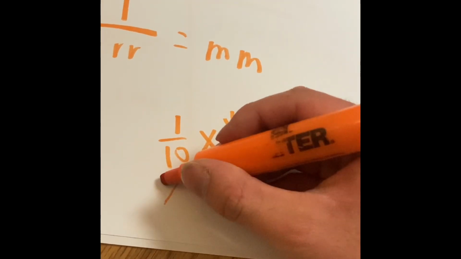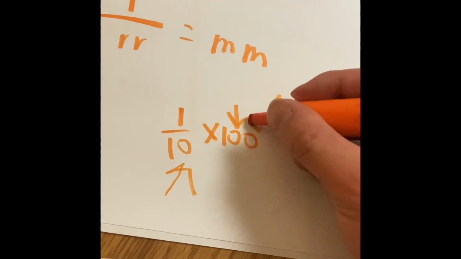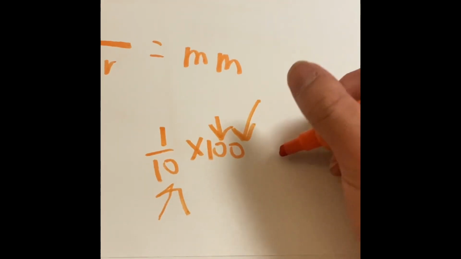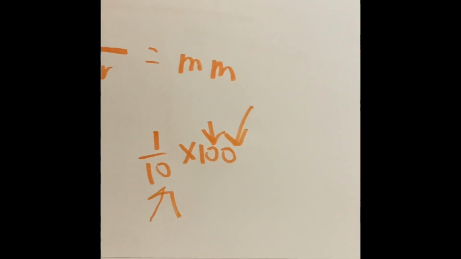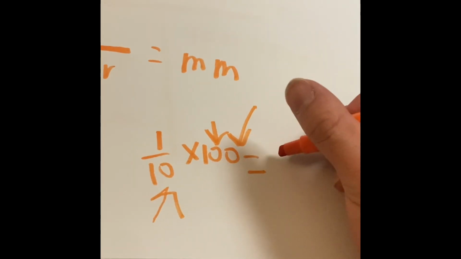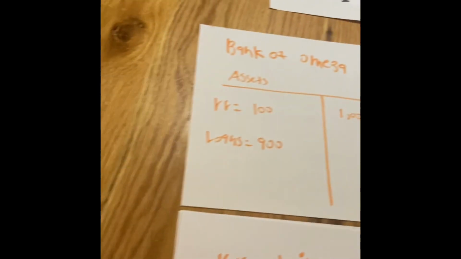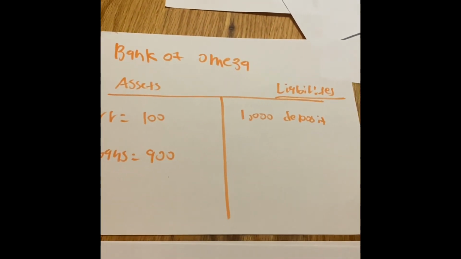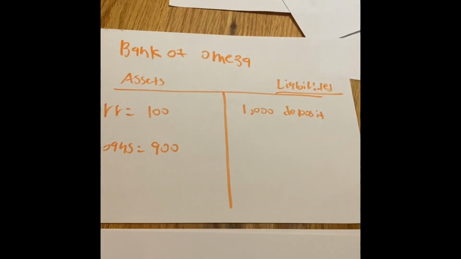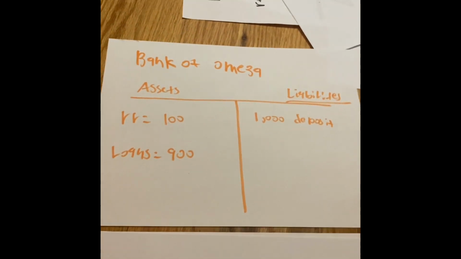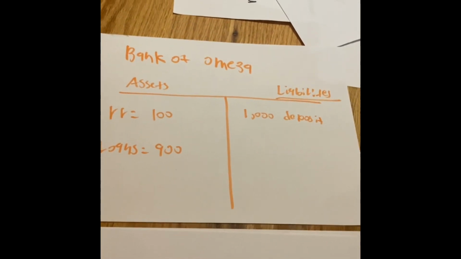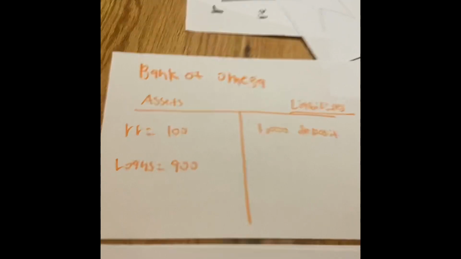This is the reserve rate, and this is the amount of money that we have as savings for the end of the day. We get an answer of 10. So the money multiplier in this scenario for the Bank of Omega is 10. That is how much money through that bank is flowing into the public savings in the nation.